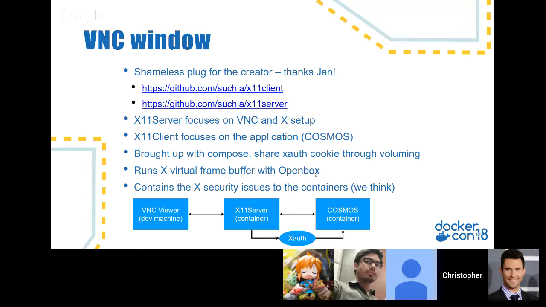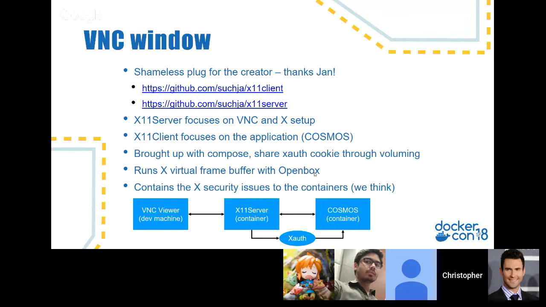The client just exposes your X11 application, so as long as you can X forward from that application, you're good to go to the X11 server. That X11 server handles all of your X11 port forwarding and then opens up a VNC client. The security vulnerabilities from opening up an X11 server that Cosmos in the Docker container can forward to are all contained in that Docker container.